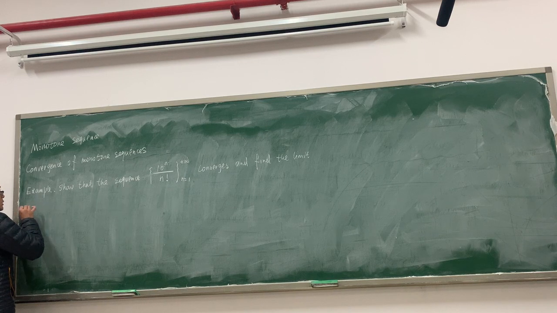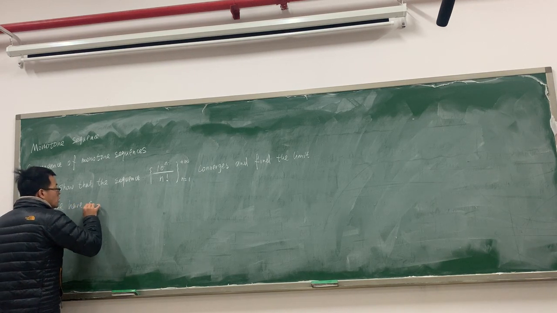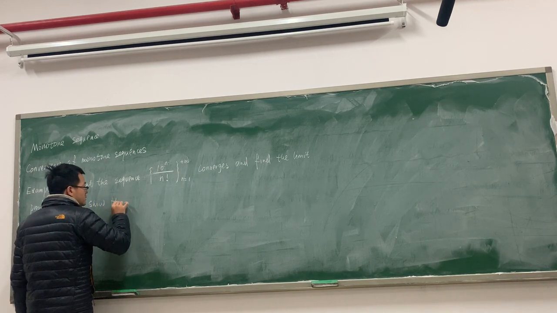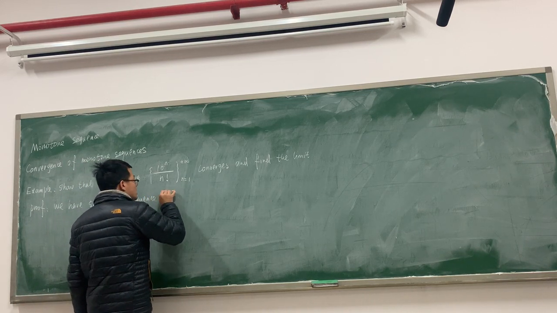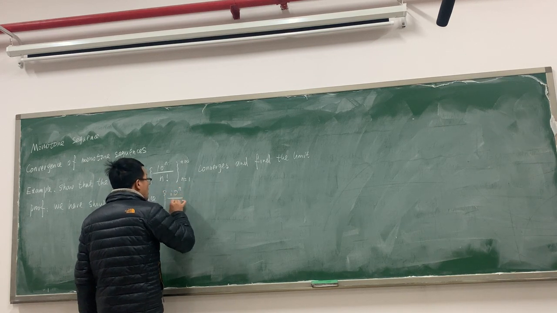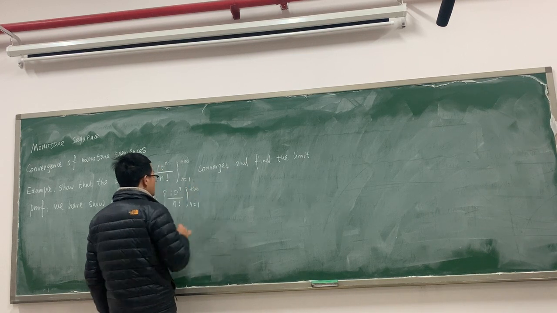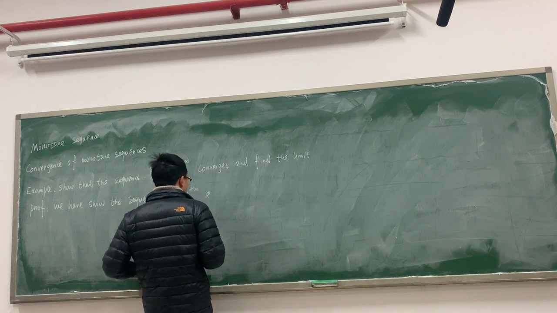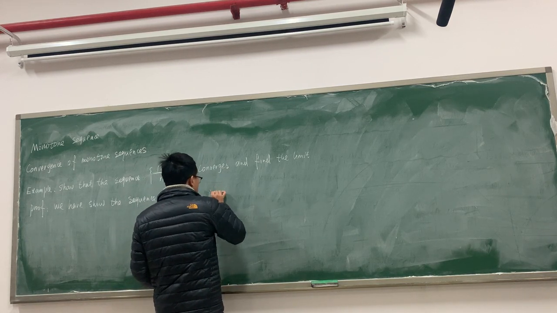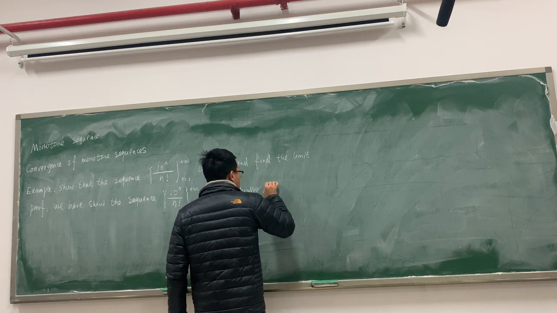So we have shown that the sequence 10^n over n factorial, for n equal to 1 to plus infinity, is eventually decreasing.